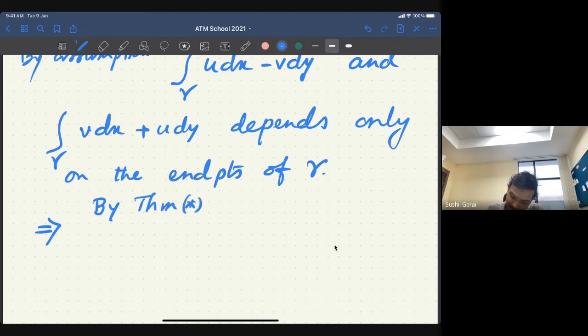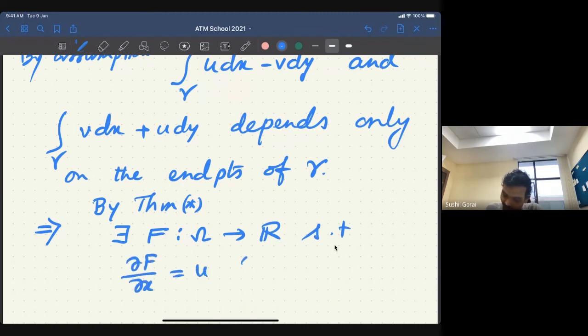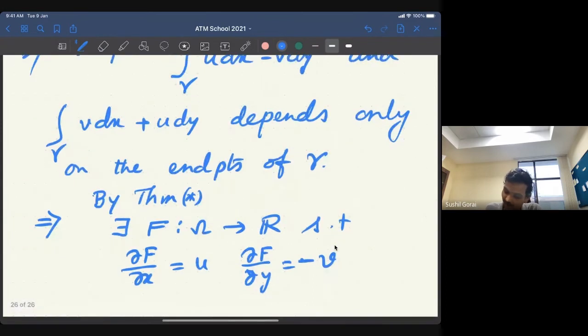There exists a function f from omega to R such that del f by del x is u, del f by del y is minus v, for the first integral. Call this 2.